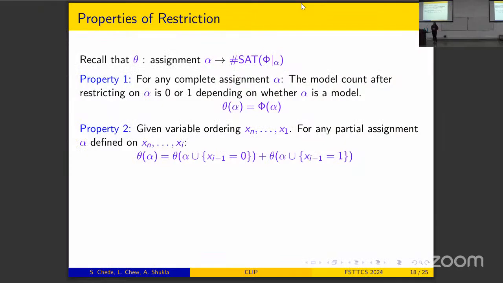The second property is, let's say alpha is strictly a partial function, and in a sequence it has been given all values up to i, and after i it is not assigned any other variable. Now we say the number of models of phi restricted to alpha should be equal to extending this alpha with both 0 and 1, and then adding them, right?